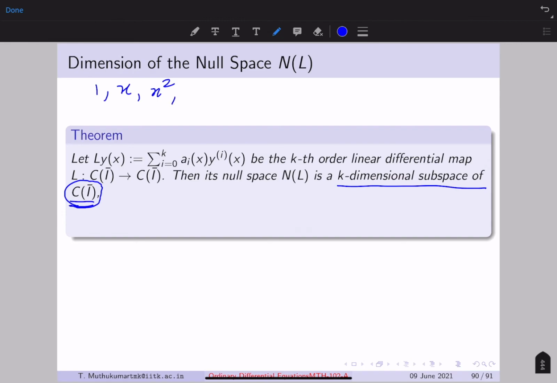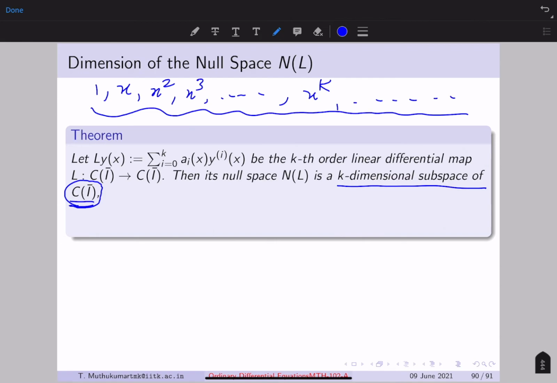Now x cube is also in this set. In fact, for any k, x power k is in this set, and they are all linearly independent. So what do you expect the dimension of the space of continuous functions to be? It has to be infinity.